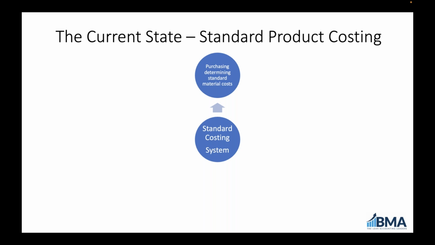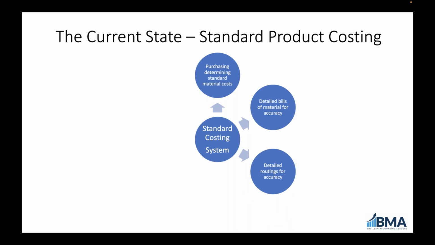You have, for example, purchasing or supply chain people who have to determine what the standard material costs are. You need detailed bills of material for "accuracy." You need detailed routings for all of your products, again, for accuracy. Because you have detailed routings, you need detailed production reporting.